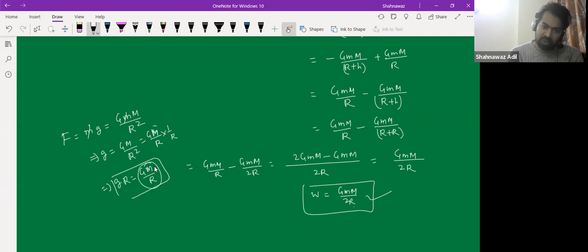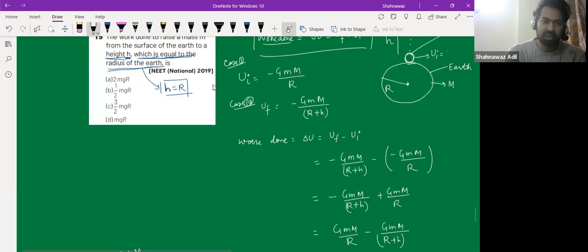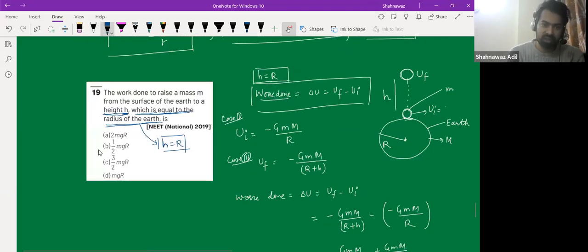So we can put this value of GM by R, and this would be how much? This would be m and then gR divided by 2. So this would be the work. GM by R, you have put gR, and then the mass is there. So this is the option.